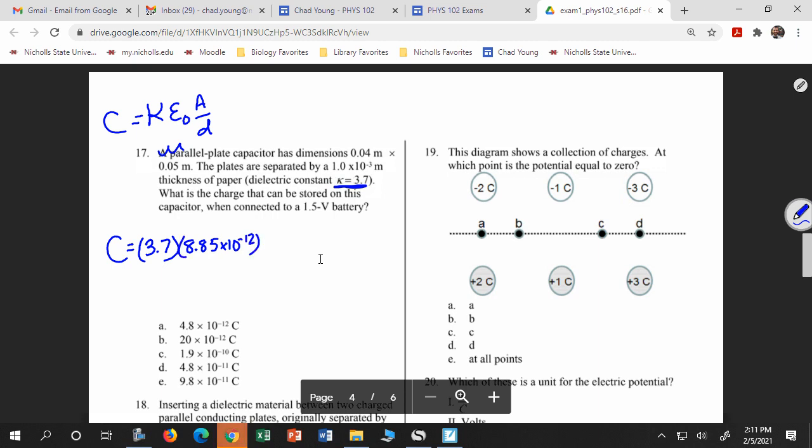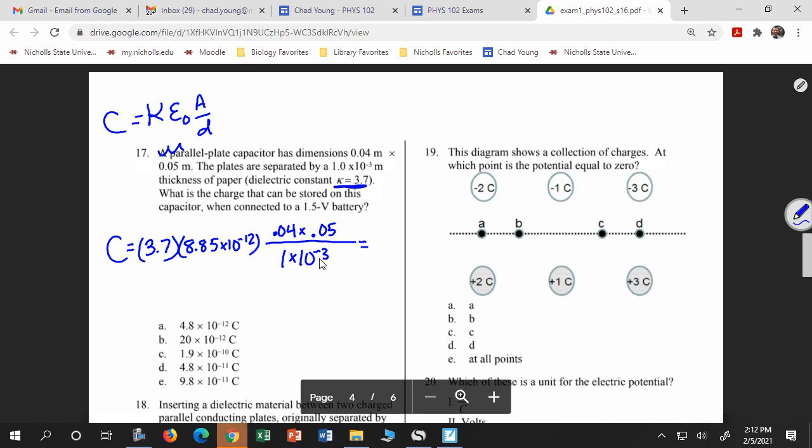A is 0.04 times 0.05. I'll probably give you the area, but here I gave the dimensions. Divided by the distance between them, that's 1 times 10 to the minus 3.